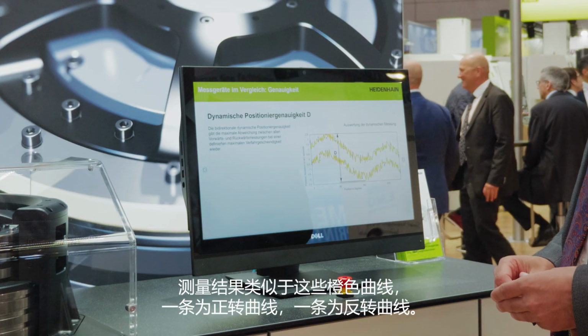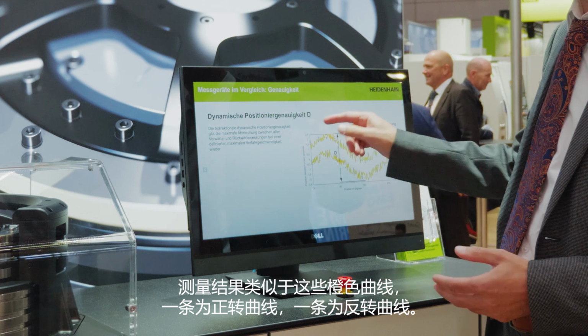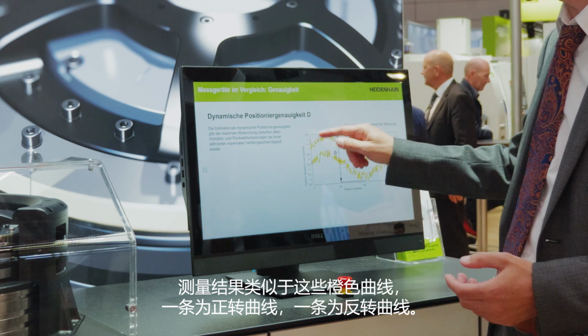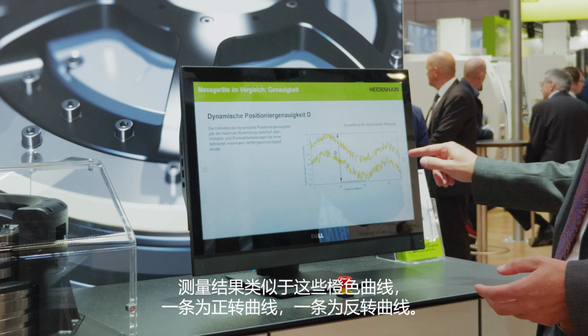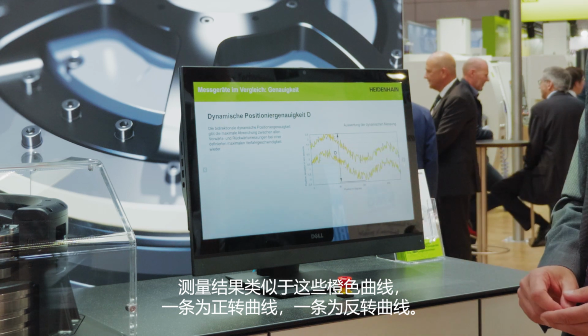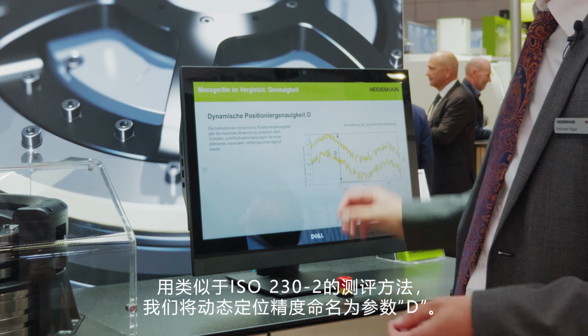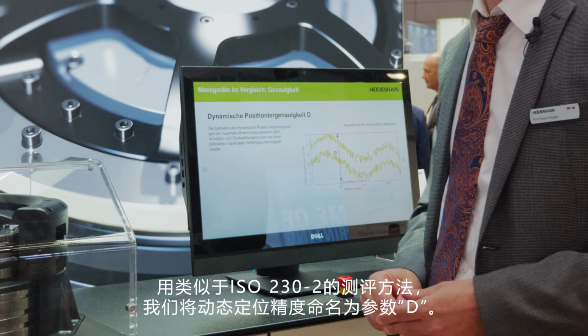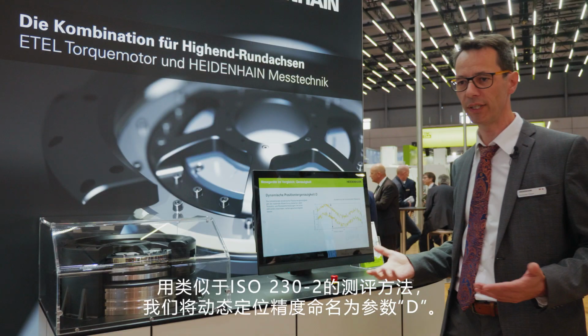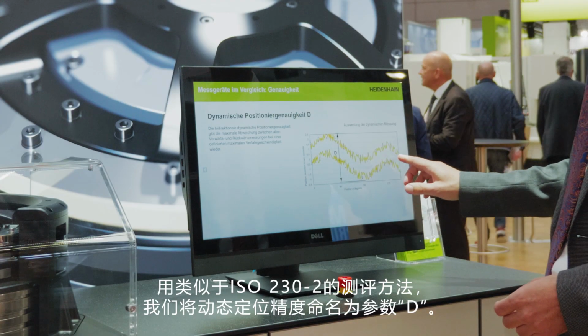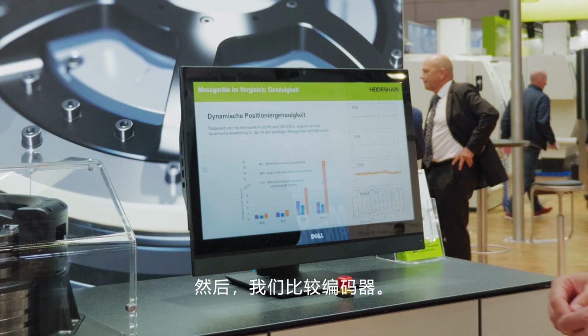This yields values similar to these orange curves, with 1 curve for forwards and 1 for backwards motion. We named the resulting parameter D, the dynamic positioning accuracy, which was evaluated similarly to ISO 230-2. Then we compared the encoders.